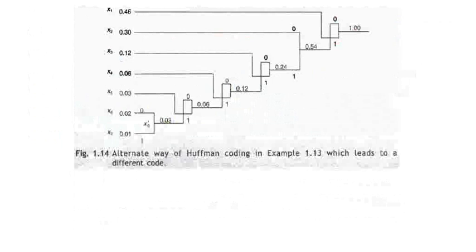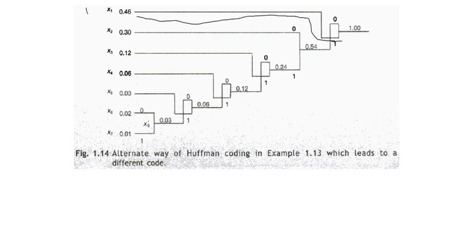Now if I read the code words: firstly 1 was directly given to x1, and next we have 0 0, and so on. Next symbol x3 is 0 1 1.